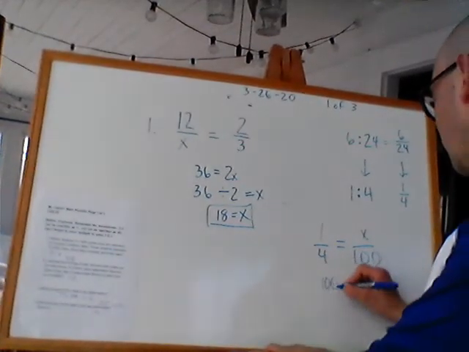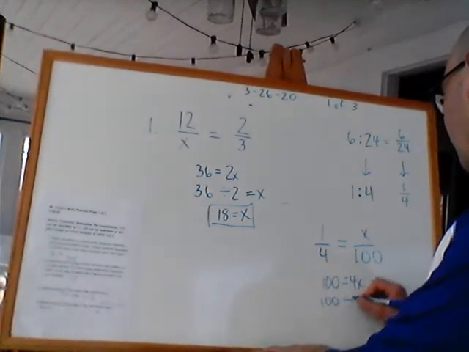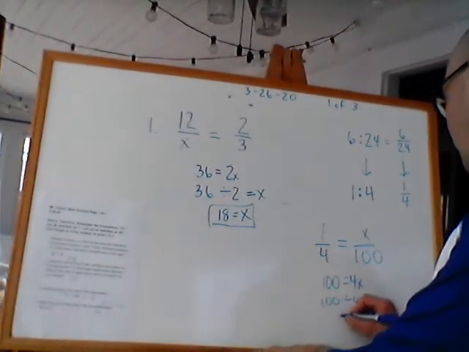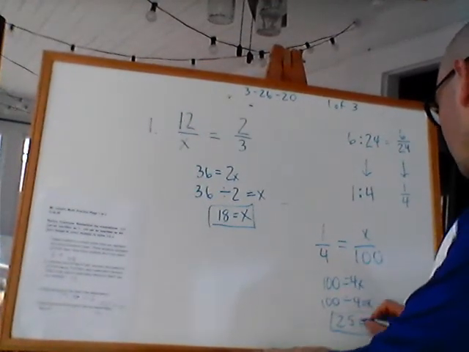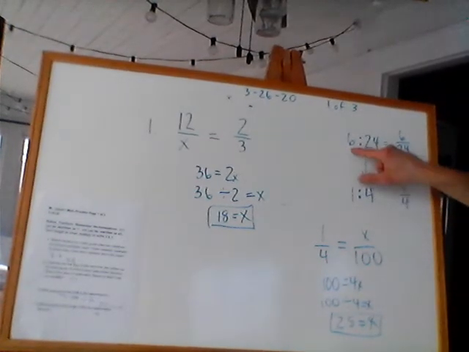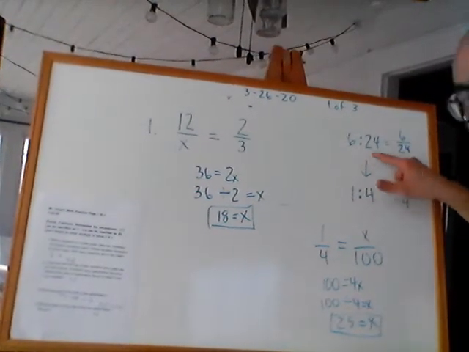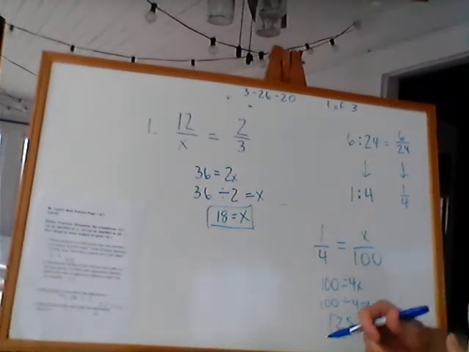So now it says 100 equals 4x. 100 divided by 4 equals x. And finally, once we divide 100 by 4, we find that it equals 25. So if I have 6 watermelon out of 24 total, then 25% of the total is watermelon.